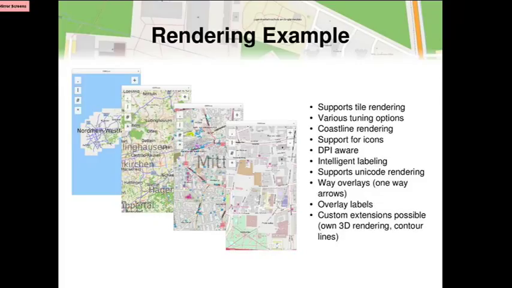You have way overlays, for example, for one-way arrows. You have overlay labels. You can see this in the three images on the left. Some fading effect with bigger labels, and of course custom extensions are possible. I have one user that integrates 3D rendering, and you can add contour lines.